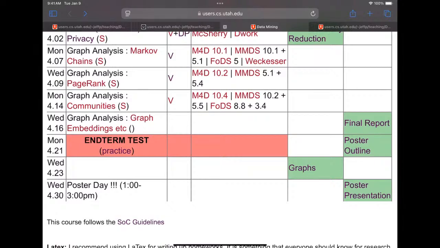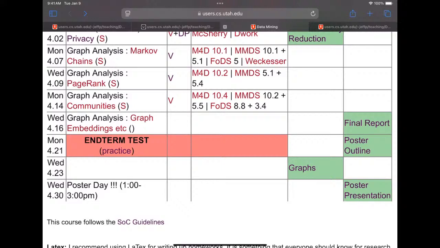The other thing is the poster outline that will be due next week, Monday. And there's also going to be a help session on posters on that Monday afternoon. So if you turn in a poster and you're not satisfied with it and you want to get together and share some feedback, then that Monday afternoon there will be a help session.